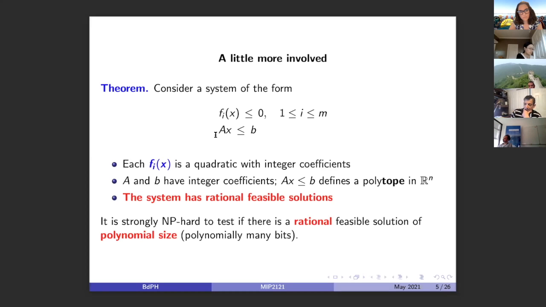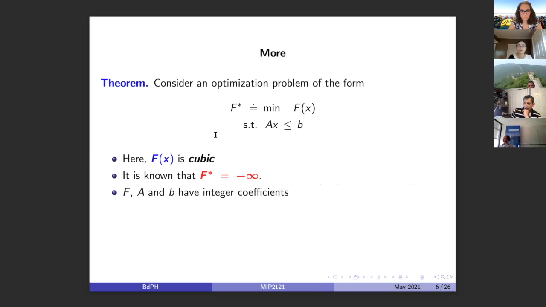I promise that I will move beyond this repeated stating of theorems and move on to other things in a minute, but I just want to dispense with all these examples. Okay, now we have an optimization problem. We are optimizing a cubic over a polyhedron. Everything well behaved, integer coefficients.